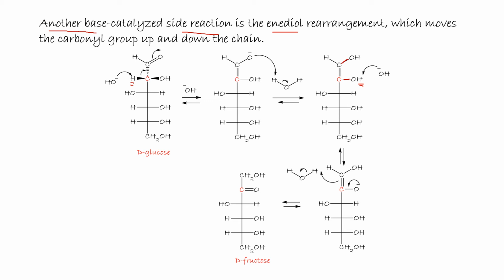Again, the enolate will abstract a proton, but this time we will form a double bond in here. So we transfer glucose to its ketose, fructose. Starting with glucose, we find that D-fructose is forming in the medium.